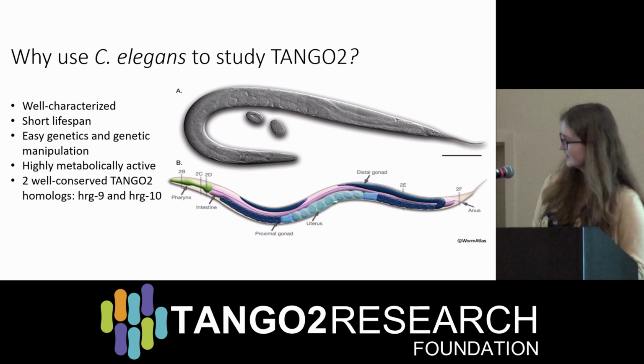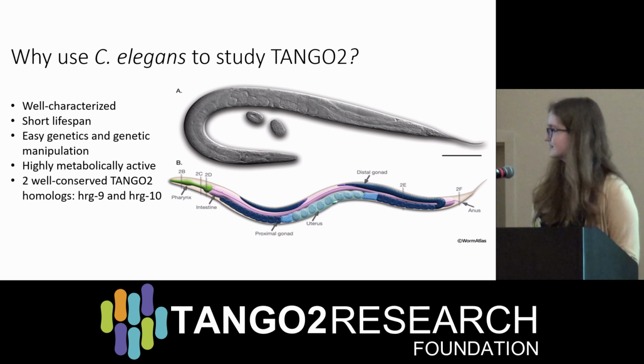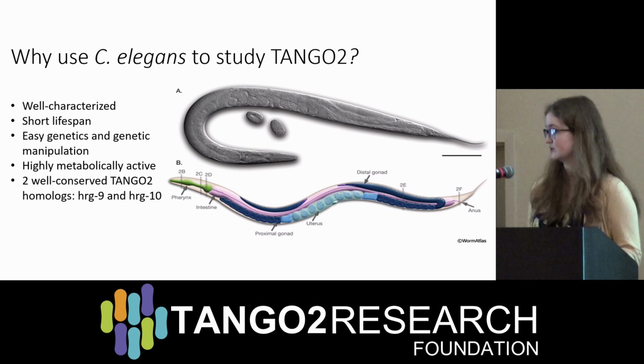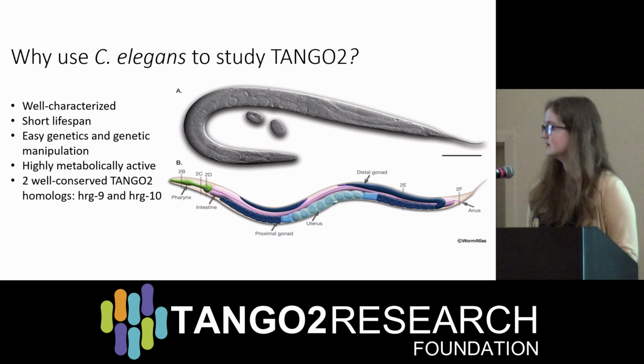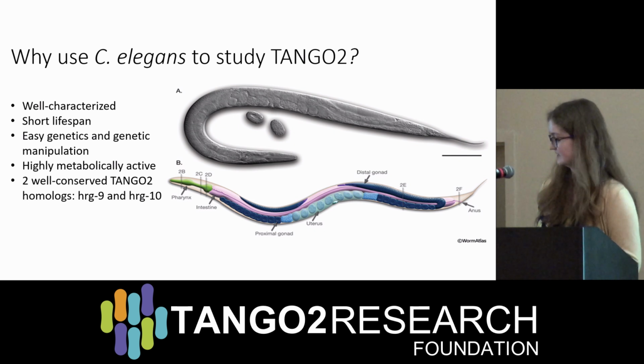They require a lot of energy to maintain their daily worm activities. And relevant to our group, these worms have two genes that are very similar to TANGO2. The scientific term for that is gene homologs, and these two genes are called HRG9 and HRG10.